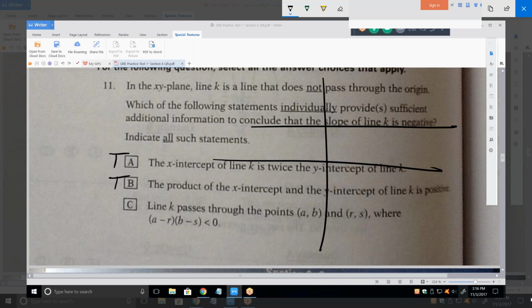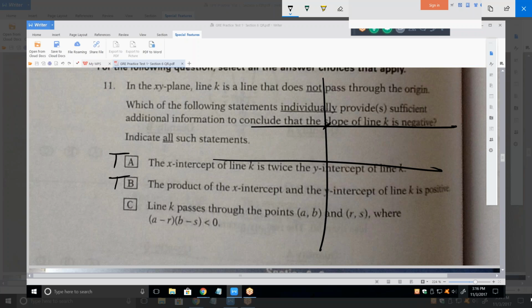So let's first see if that satisfies our conditions. Okay, it doesn't pass through the origin. There is no x-intercept. Oh, so that's the problem.